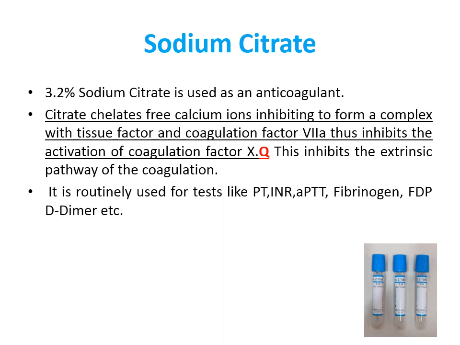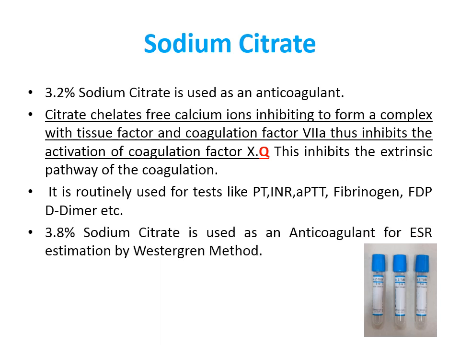It is routinely used for tests like prothrombin time, derived INR, activated partial thromboplastin time, fibrinogen, fibrin degradation products and D-dimer quantification. 3.8% sodium citrate is used as an anticoagulant for ESR estimation by the Westergren method.